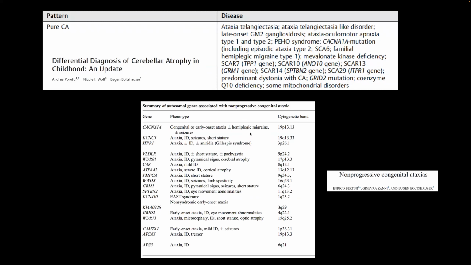The child had non-progressive ataxia. Again, this is a paper from Eugene, and I'll let him take over and give us the possible differentials for what to consider for this child and the father. Eugene, over to you.